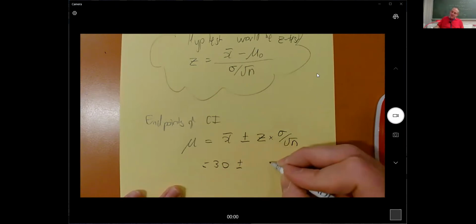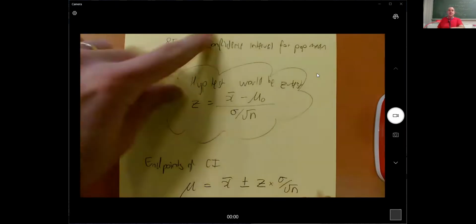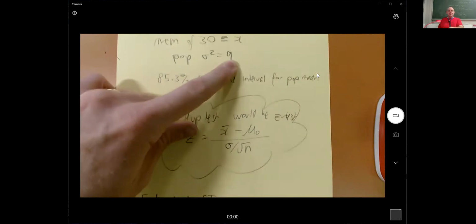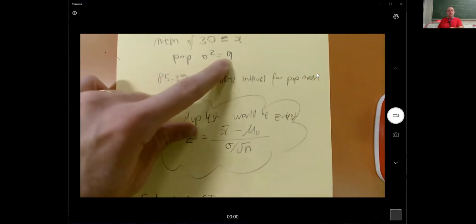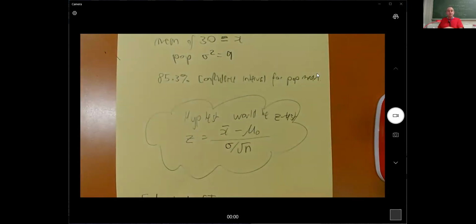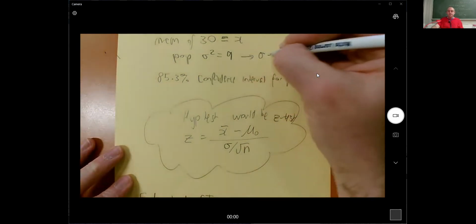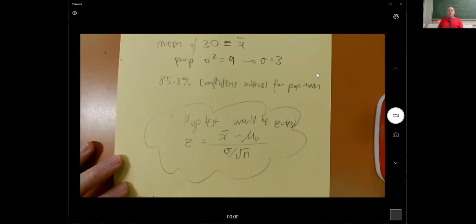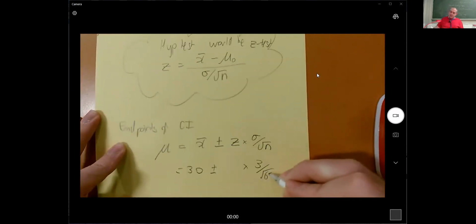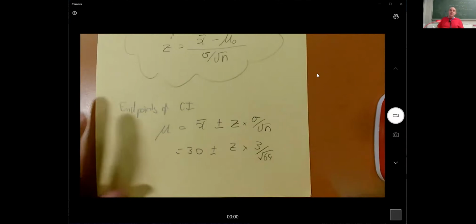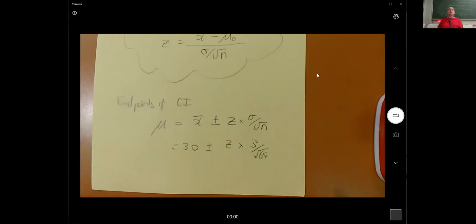And we know what this number is, it's 3, because it's the square root of 9. Because the sigma squared is 9, so the sigma is 3. And we know what n is, it's 64, so this will be on root 64. And I'm still going to need to have a z.